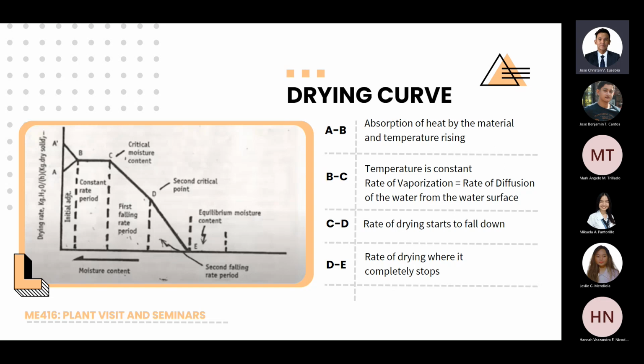Then yung C to D is parang kumbaga sa ginagawa natin is polishing na lang siya. Kaya unti-unti na bumabagal yung pagtanggal ng water content. Then yung D to E is yung second falling rate period or kapag nag-approach na siya sa letter E, yun na yung equilibrium moisture content na talagang wala na siyang water content.